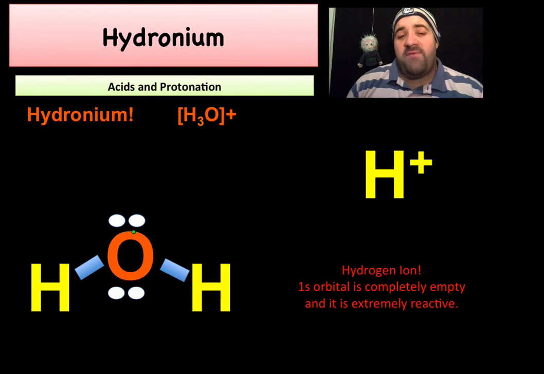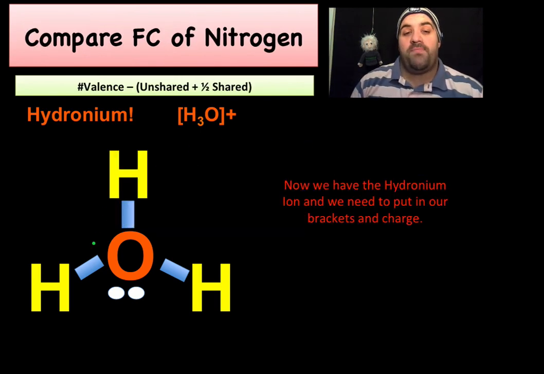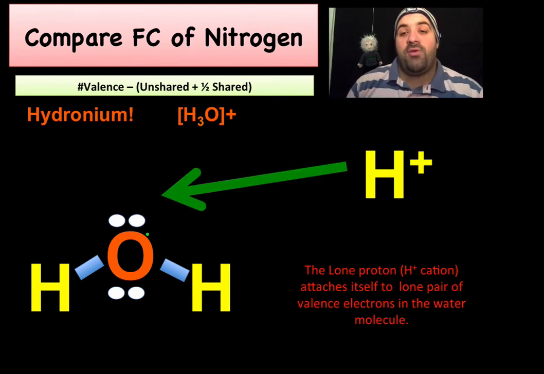Even though water itself is pretty stable, water's not like, I want you. But this is so reactive, it's going to latch on to the water molecule. And when it does, we now have hydronium. Instead of H2O, we have H3O, but this is going to have a positive charge. Why? Essentially, you took a water molecule, which is neutral with the same number of protons and electrons, and you added a proton to it.